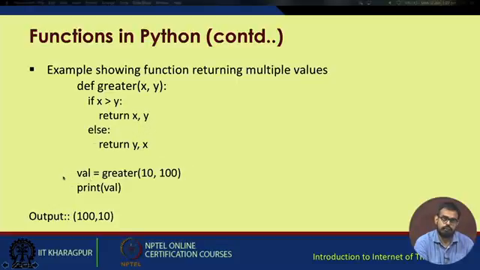Outside this function definition, you assign this function to a variable as greater, with 2 values as 10 and 100, and print val. So 100 is obviously greater than 10. So if this happens, it will return y and x. So your output is 100, 10.